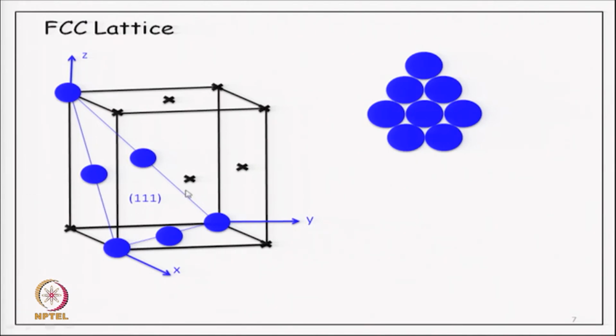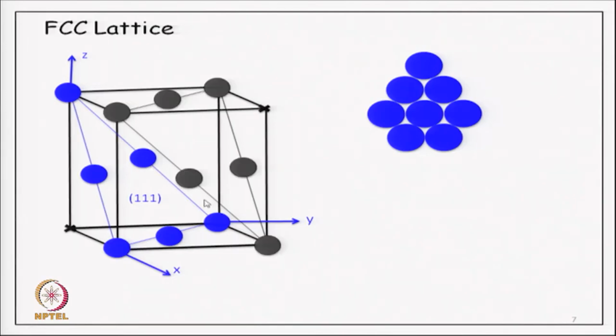Let us look at the other plane parallel to this close packed plane. So, I have another triangle here. These 6 atoms are also forming a plane which is exactly parallel to this plane, and if I place atoms on these also, then I have a next layer of close packed plane above this.